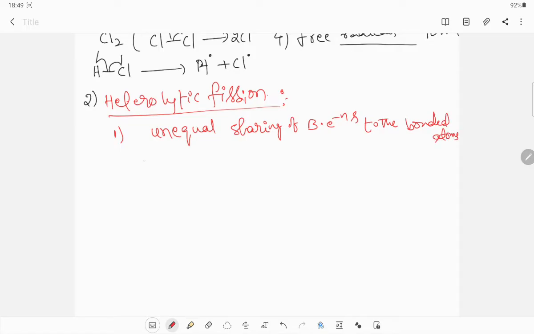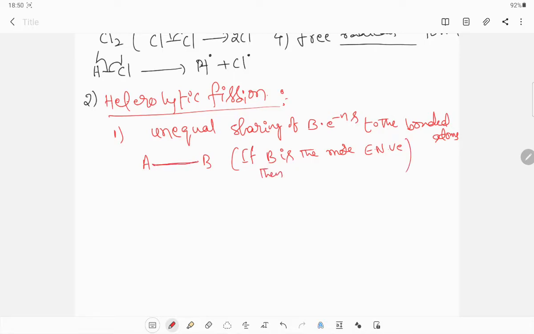While breaking the bond, say for suppose I take an A-B bond. If B is more electronegative, then what type of cleavage do we observe?